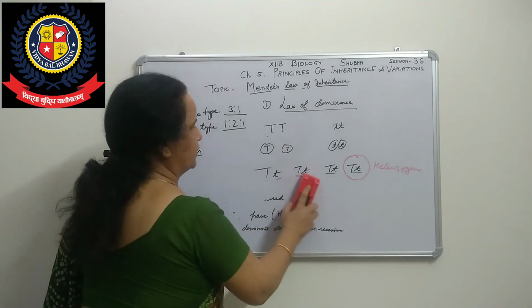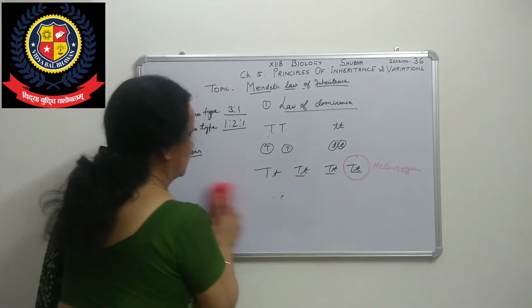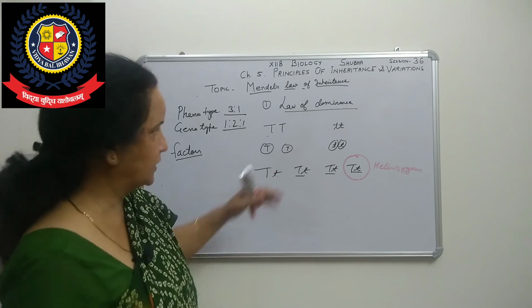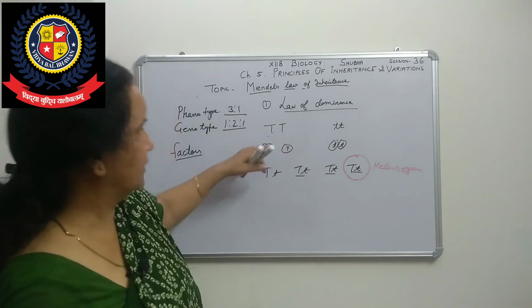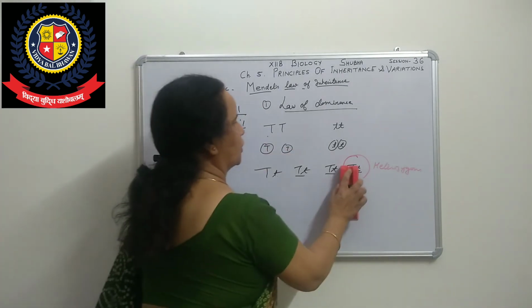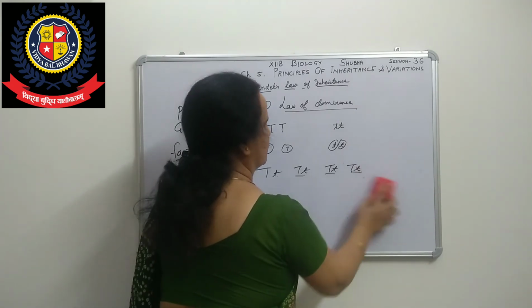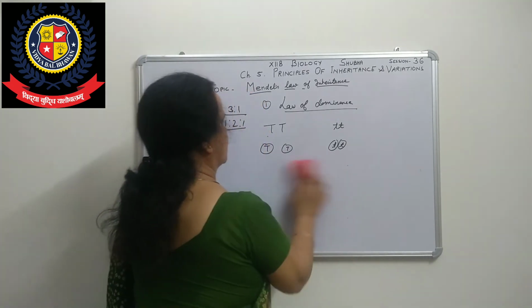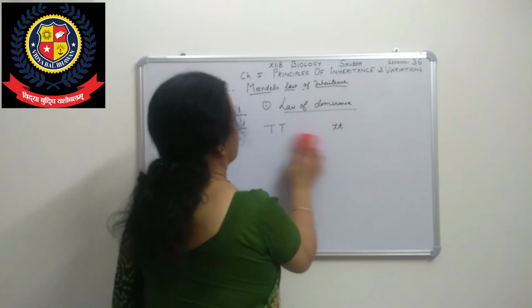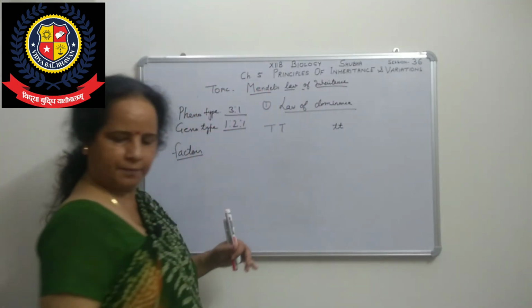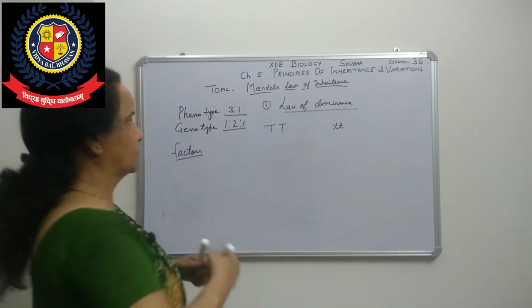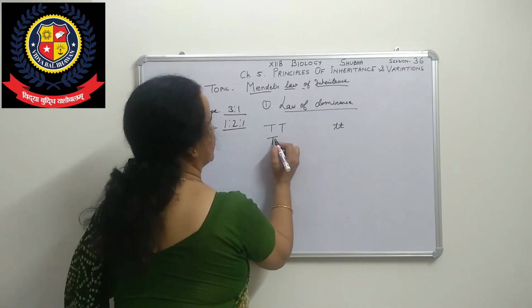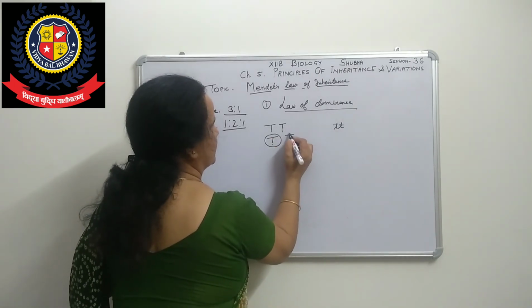Now, just imagine that we are making a cross here between a tall and a short plant. We can write here that we are making a cross between capital T and small t. Capital T is the dominant trait. So we are getting gametes here.